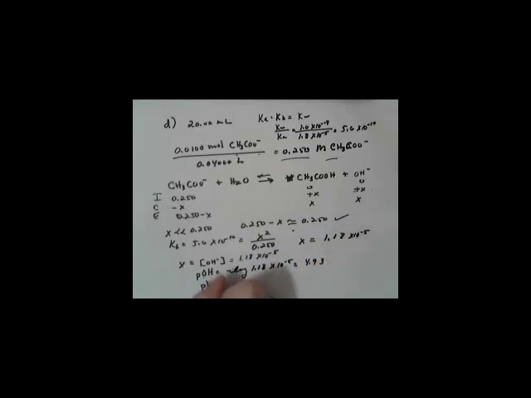So my pH then is going to be 14 minus 4.93, and that's going to give me a pH of 9.07. Okay, so 9.07. All right, so let's go ahead and add this to our chart.